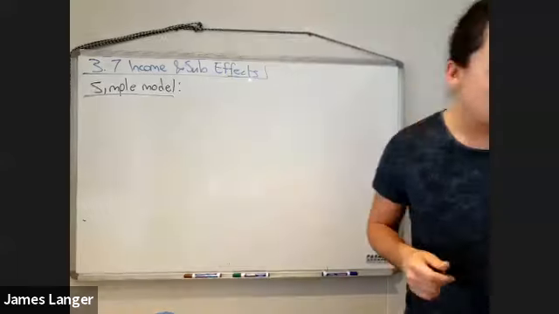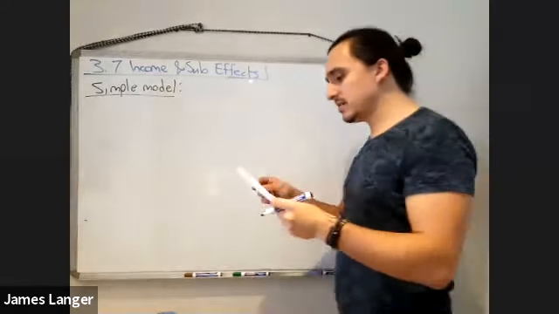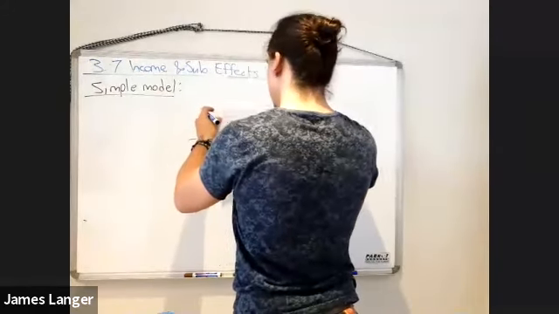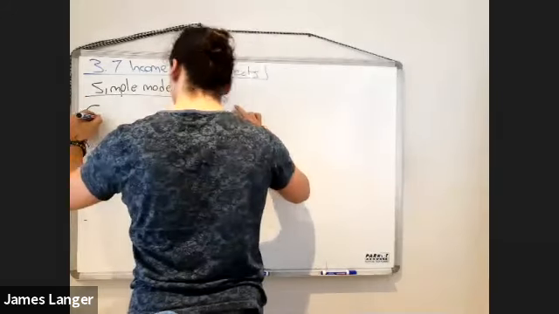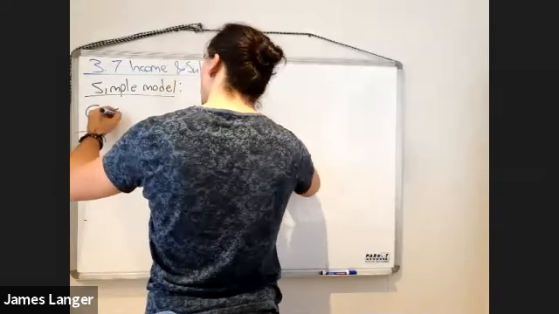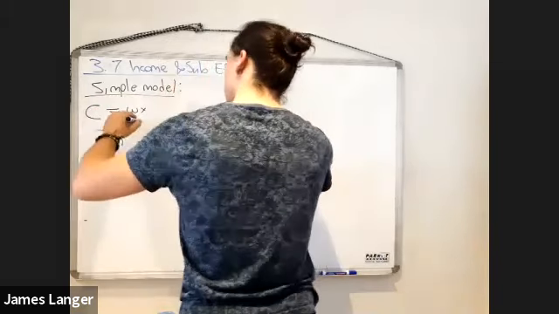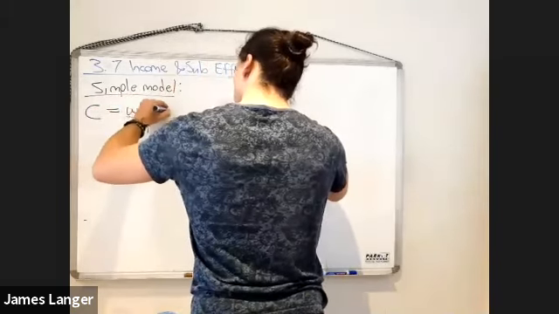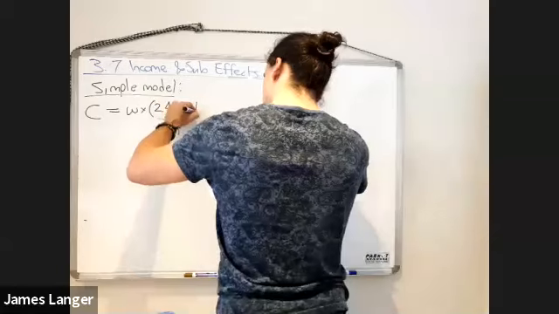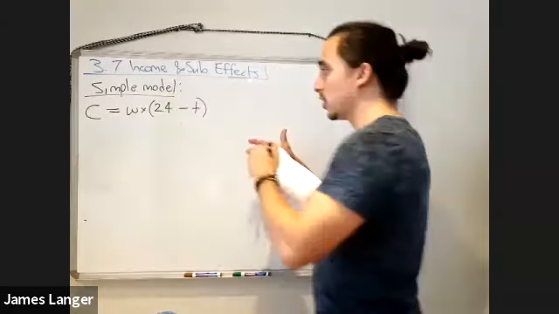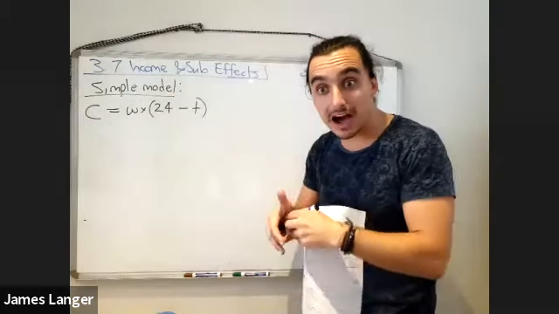Okay, and in the simple model, what we say is consumption equals my wage rate times 24 minus T, where T is leisure hours.